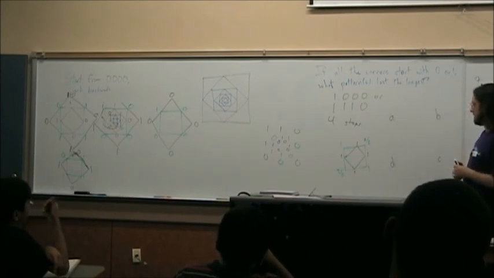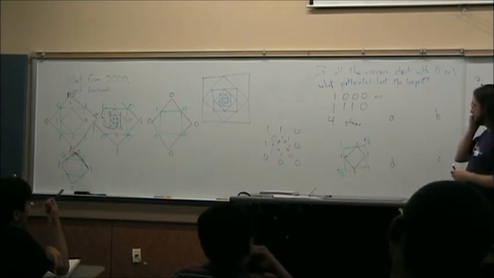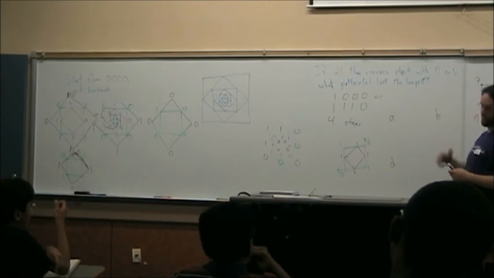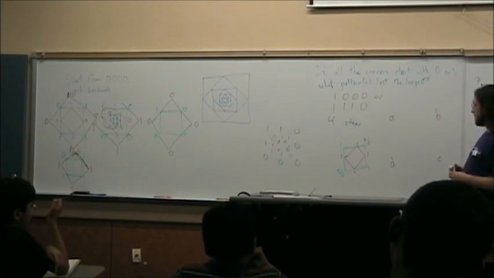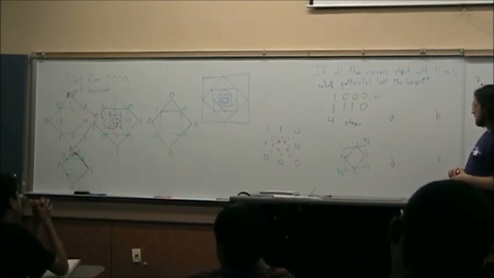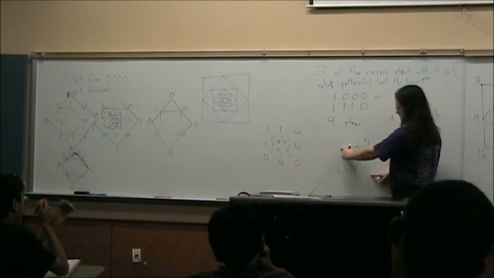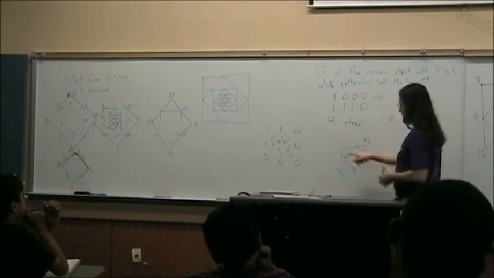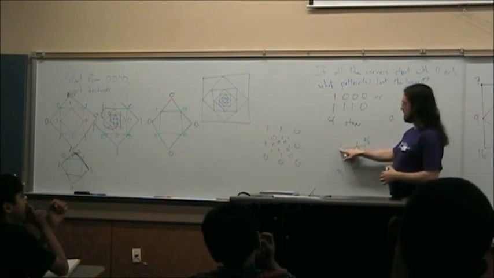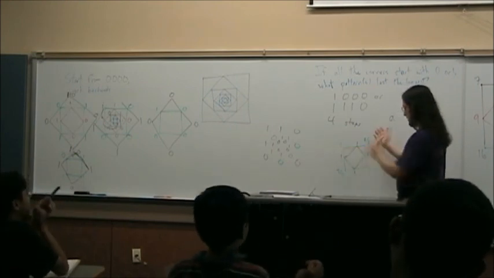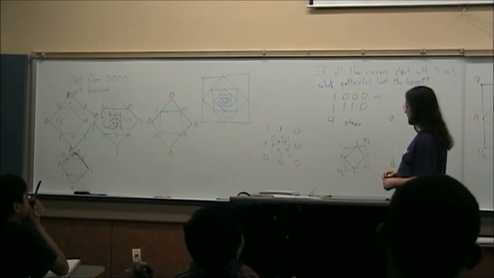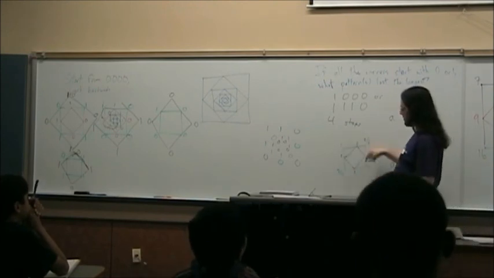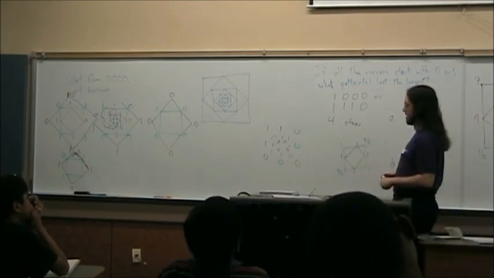Wait. If we only have 0, 1, and 2, is it true that the ones in the top left corner and bottom right corner are always odds, and the other two are even? If I start with an odd here, yeah. If it's not, then it's flipped. Then it's the other way around, yeah. So before 1, 1, 1, 1, it has to be 2 odds and 2 evens, and the odds and evens have to be opposite each other.